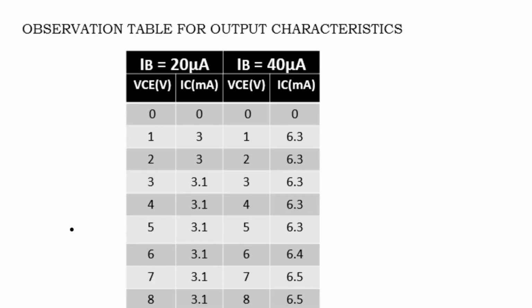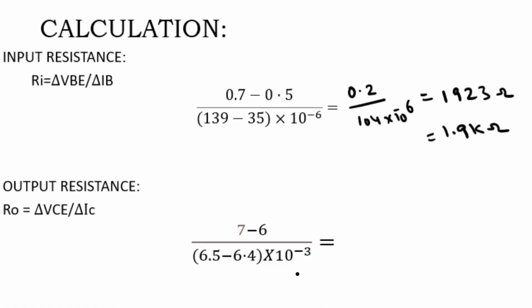Here we observe for 7 volts of VCE and 6 volts of VCE. For 7 volts the current is 6.5 milliamperes, and for 6 volts the current is 6.4 milliamperes.